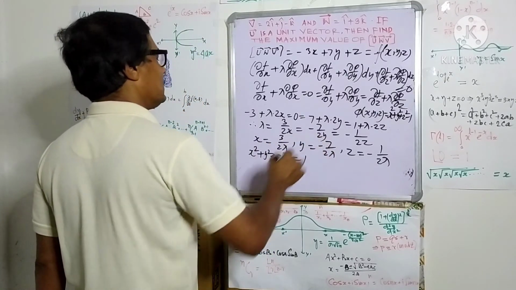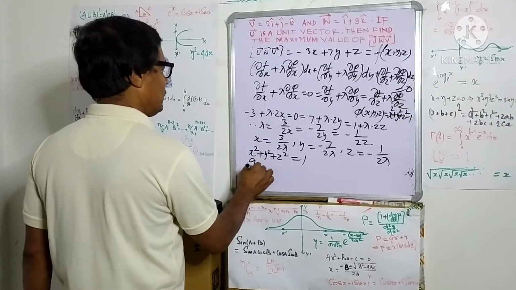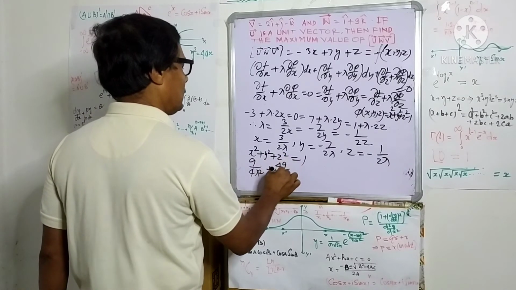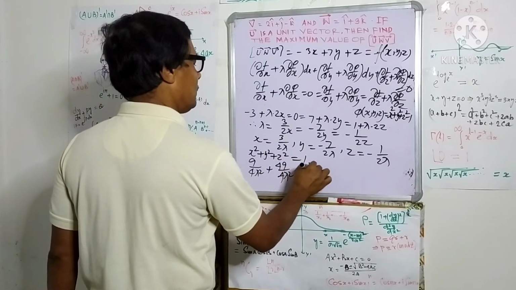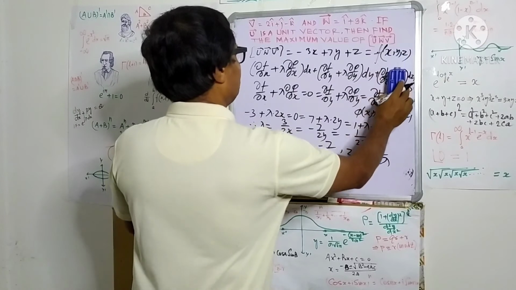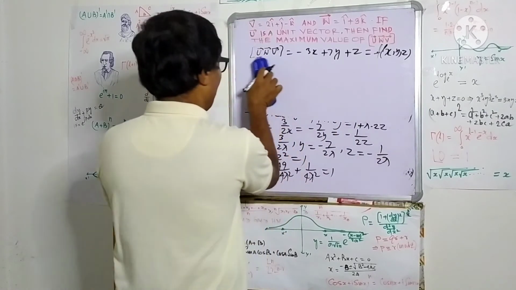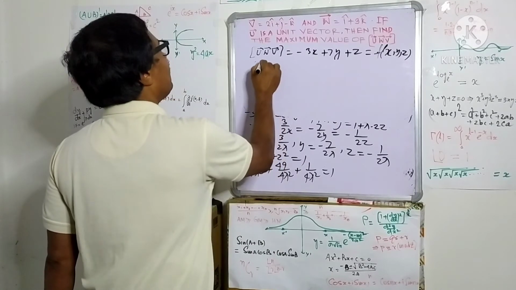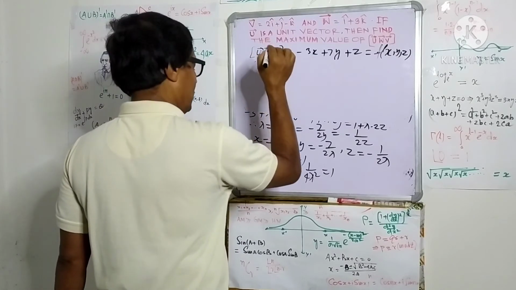If we put the values of x, y, z in this equation, we get 9/(4λ²) + 49/(4λ²) + 1/(4λ²) = 1. So, 59/(4λ²) = 1.